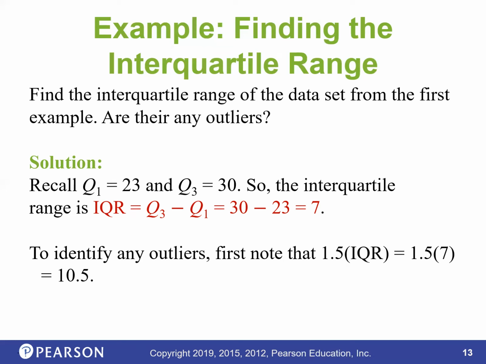Lower end would be Q1 minus 1.5 times the IQR. Q1 is 23. Give me that one.